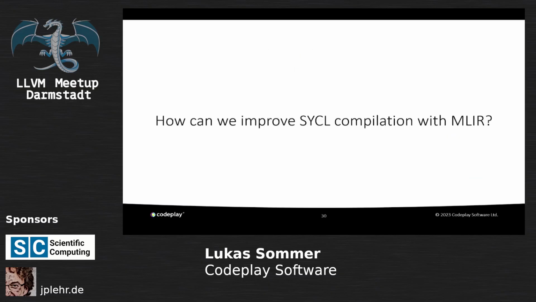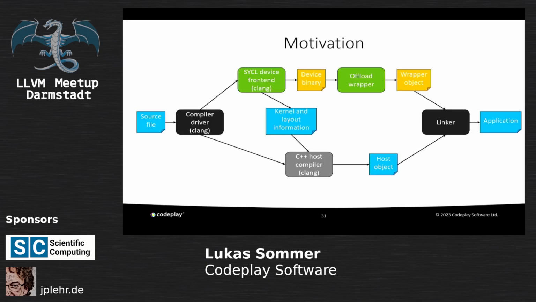So now we have all the pieces in place, and we can think about how we are going to use MLIR to improve compilation for SYCL. We can go back to our compilation flow picture from the beginning and realize one thing. There's a flow of information from here to here. What we don't have is an information flow from here to here.